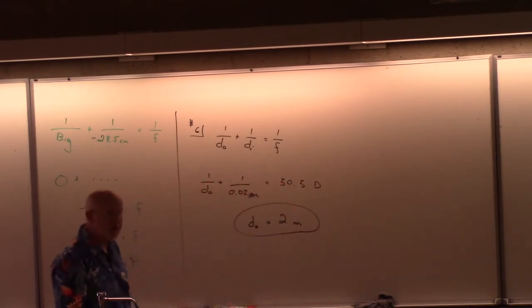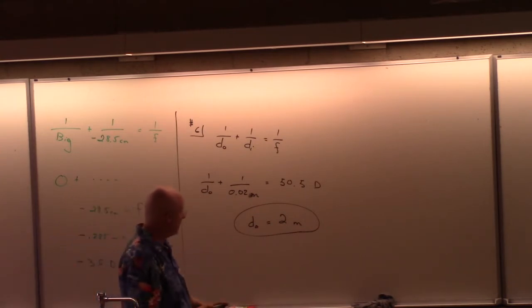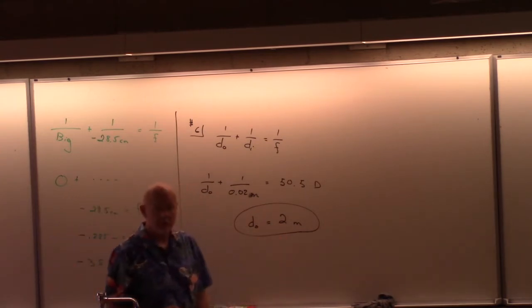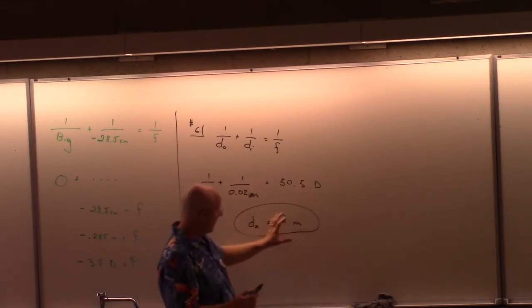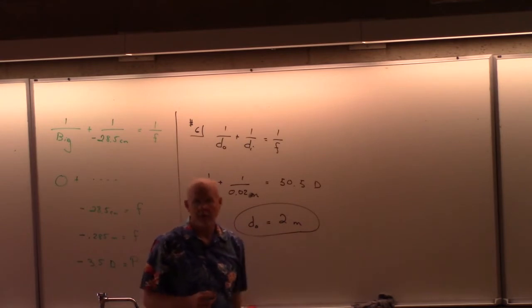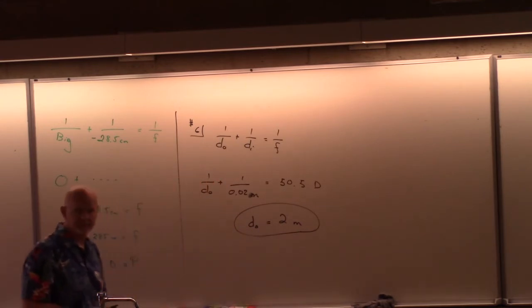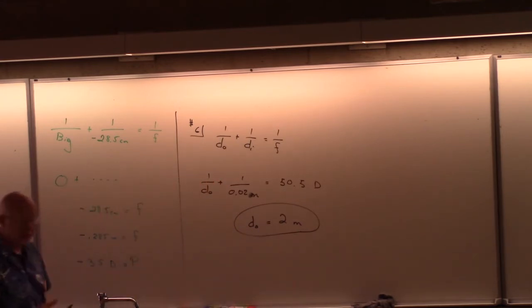So this nearsighted person can relax enough of their eye to see out to 2 meters. Well, that's about me. I can't relax it any more than that, so things are fuzzier beyond 2 meters. And so that's my far point.